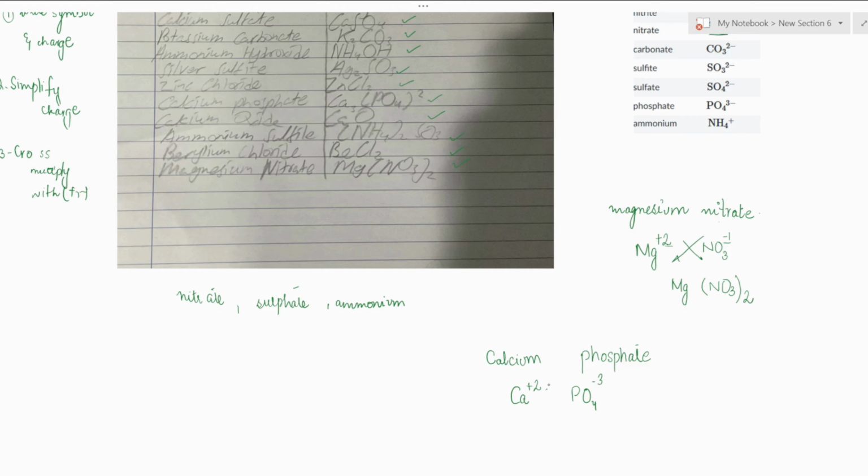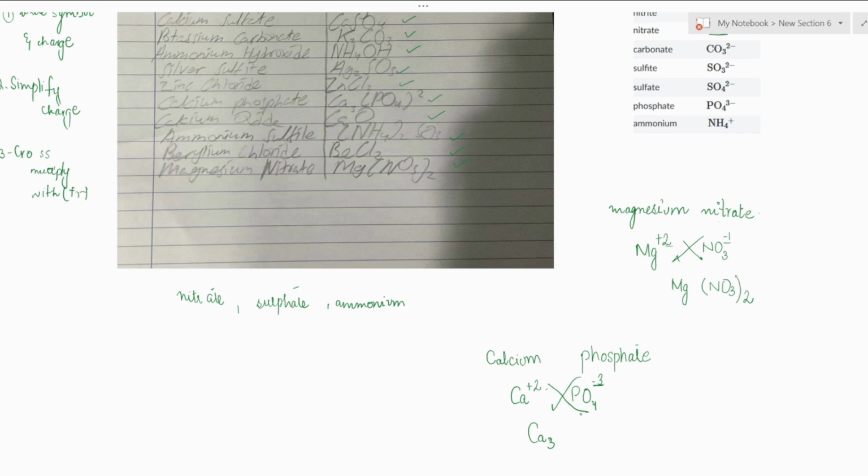No. Now we have to cross multiply. So with Ca, what are we going to write on the bottom? Oh, no. We do not write plus minus. So we have said that we cross multiply without plus minus. Okay. So it would be Ca3. Okay.